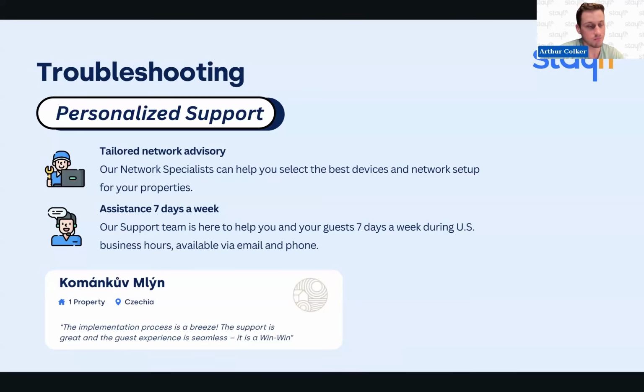So let's say you took over a building and you need to wire multiple devices, we actually have a full-time network engineer on StayFi's team, in addition to our support folks, that can help with more complex networking needs. So don't hesitate to reach out to our support team to work with your specific Wi-Fi issue.